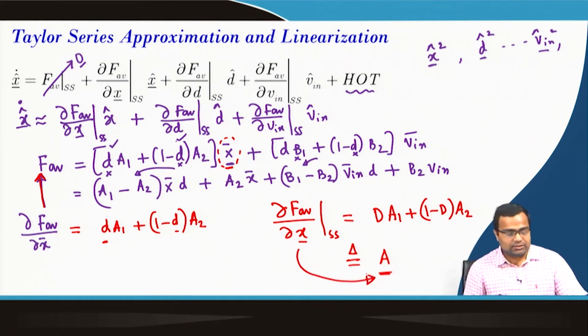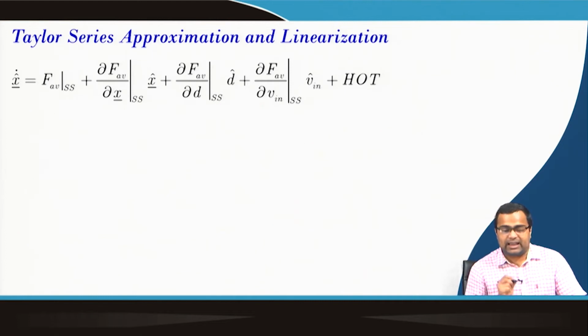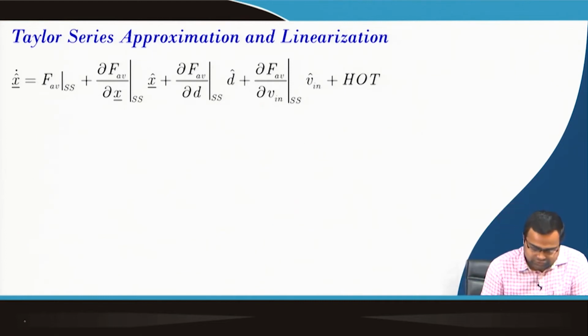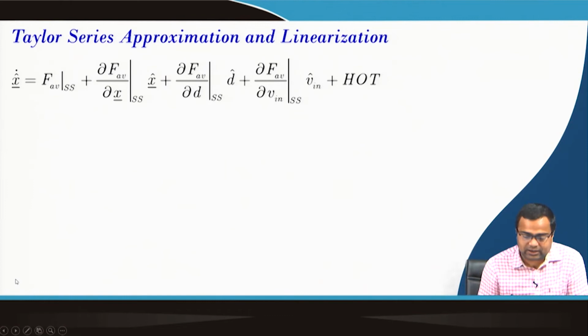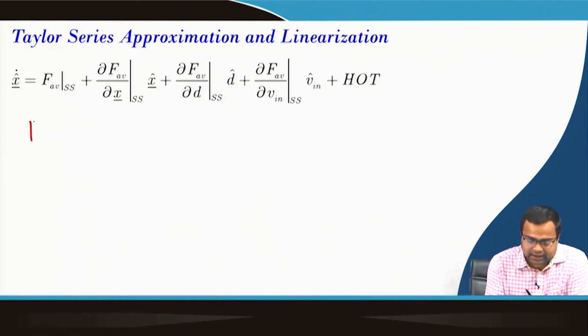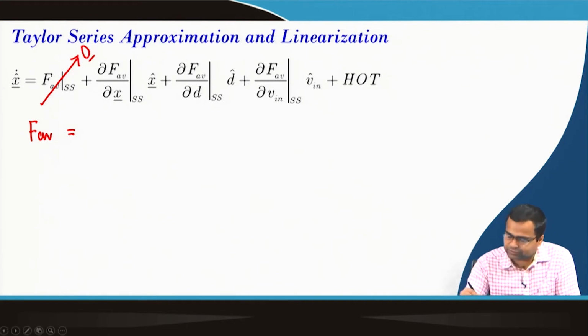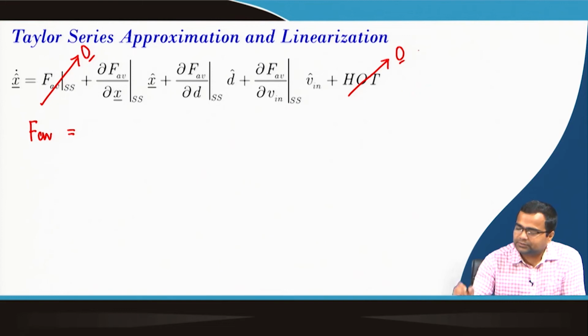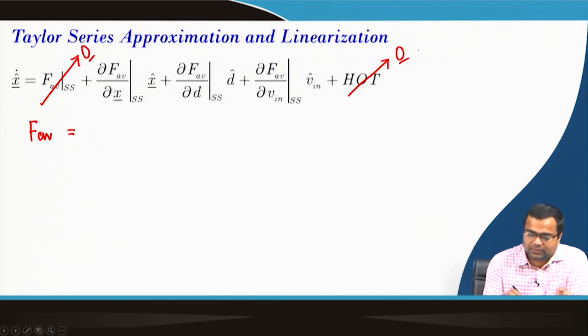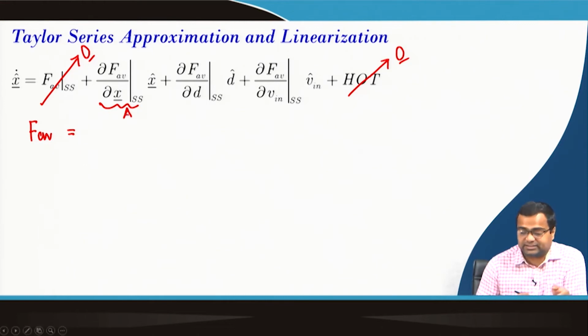Now, next part, again we are writing. In the earlier equation f average was, this part we already took as 0, right. We have ignored this part, and we found it is the A matrix in the previous equation.